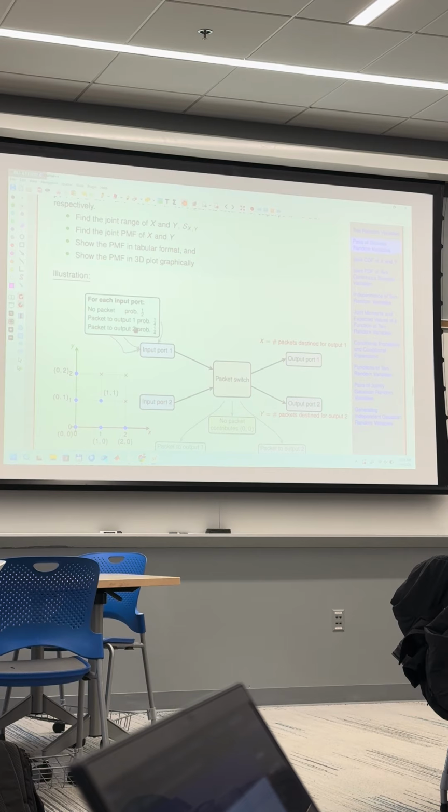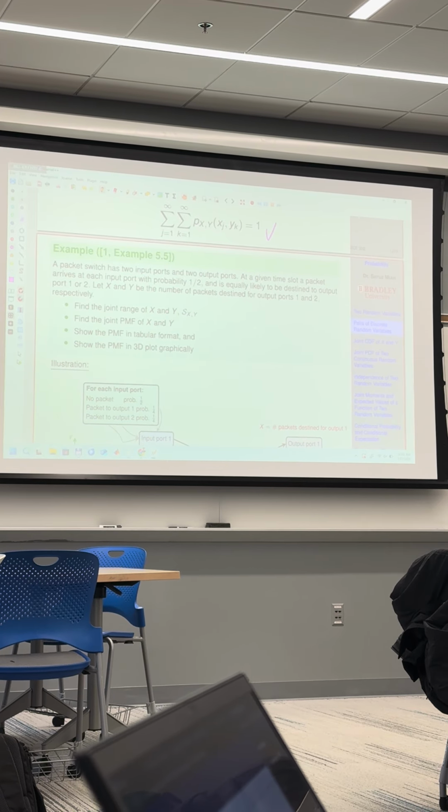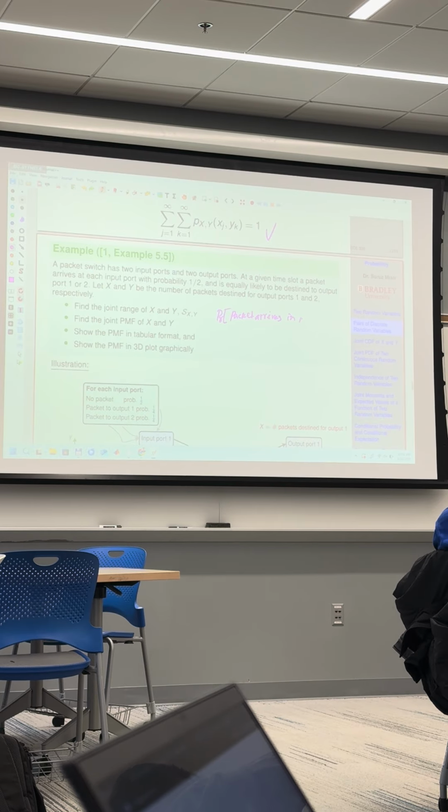So which means the probability that a packet arrives in input port J equals 0.5, or 1/2, for J equals 1, 2.